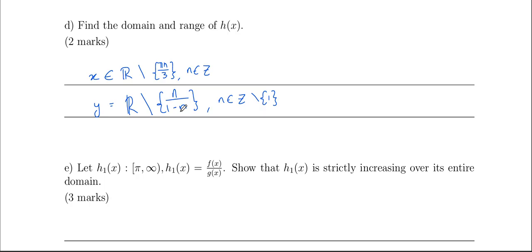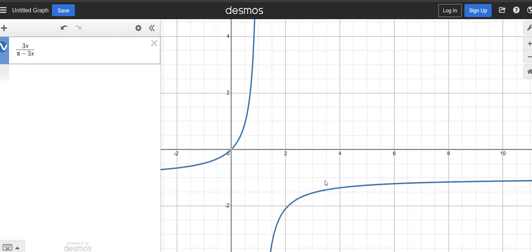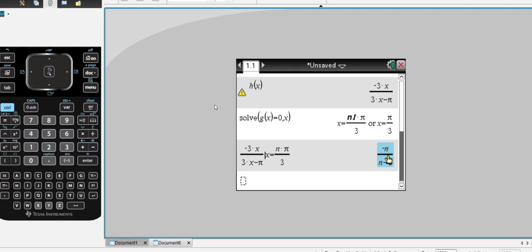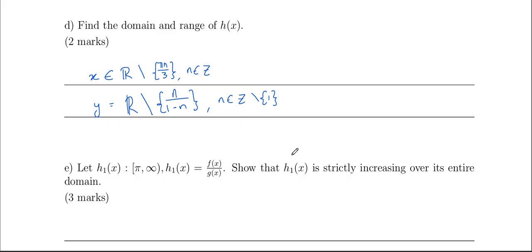And one more thing. Let me just check something. Should be pi on 3, and then this asymptote should be at -1, I assume. Yes. Let me just check something real quick. Yeah.